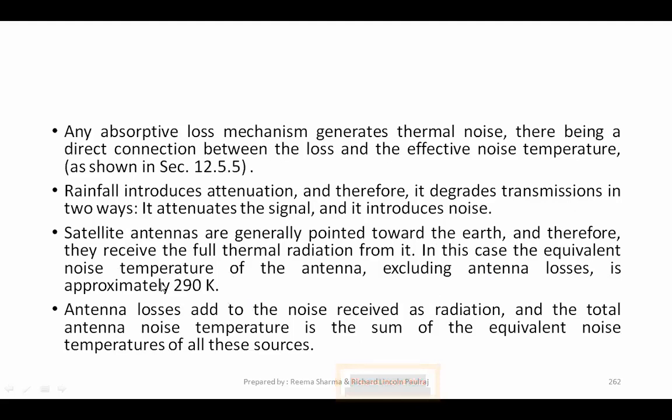Antenna losses add to the noise received as radiation, and the total noise temperature is the sum of the equivalent noise temperatures of all these sources. So not only the antenna loss, but we can also see noise because of radiations, because of the thermal blankets.